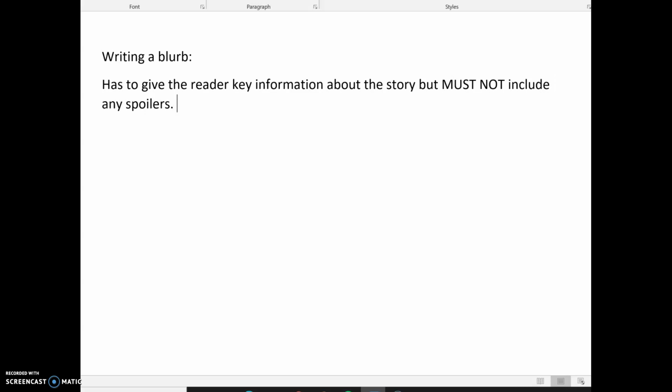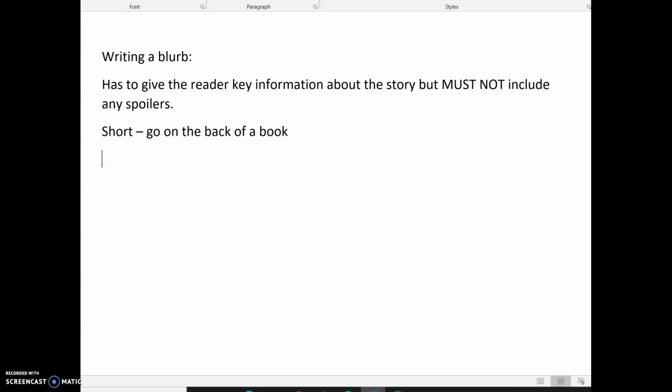So if I was writing a blurb about Beowulf, I would include that there was a monster that was terrorising a town and that a warrior came to save them, but I would not include that Beowulf was successful, because that is a massive spoiler. It's going to be short because it's got to go on the back of a book.